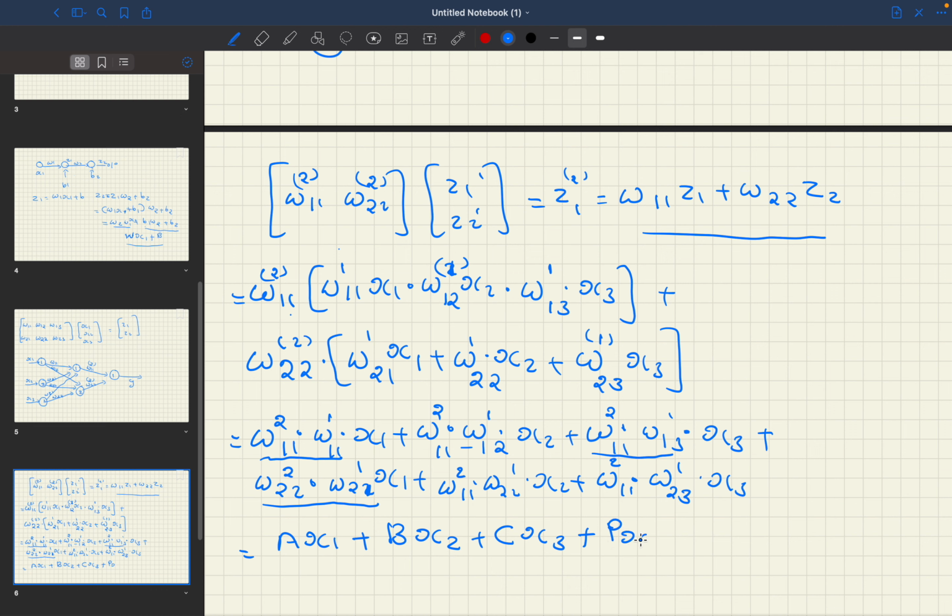So this will be PX1 plus this I will call Q, QX2 plus this I can call RX3.